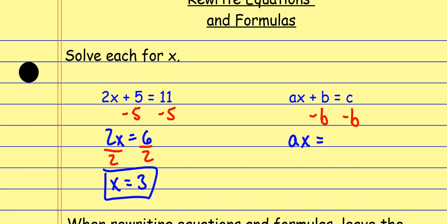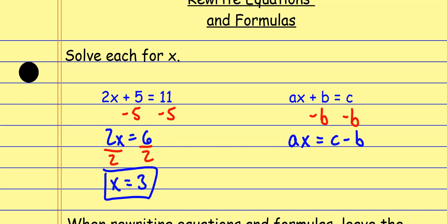So instead of writing like in the previous example, I had 11 minus 5, which is a 6. But this time I can't do C minus B, so I literally write C minus B, okay? I write it in terms of what it literally is, all right? That's why they're called the literal equations.